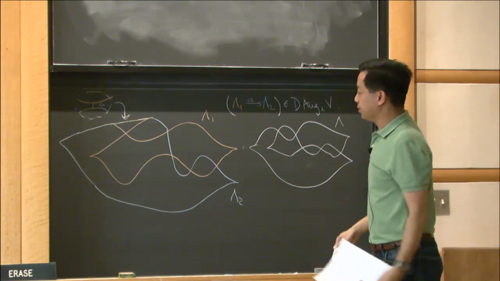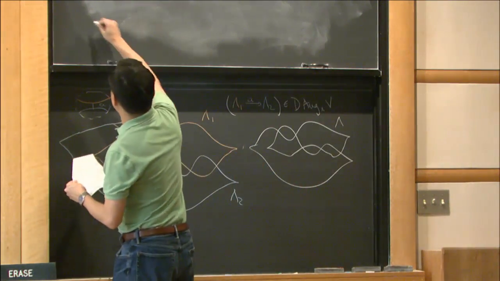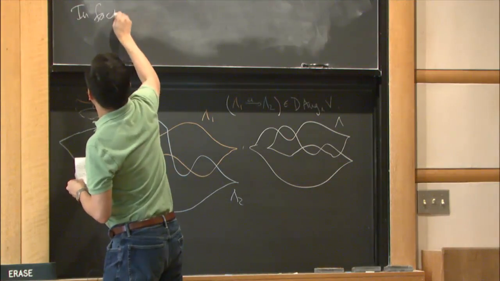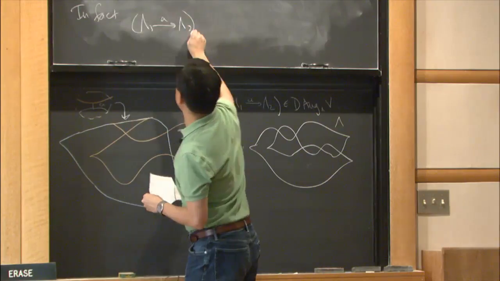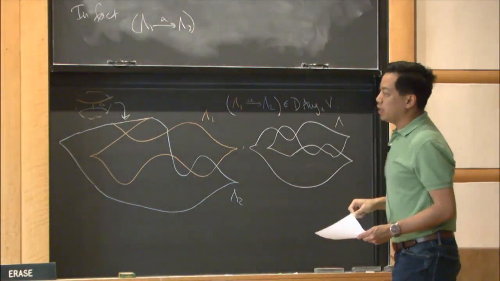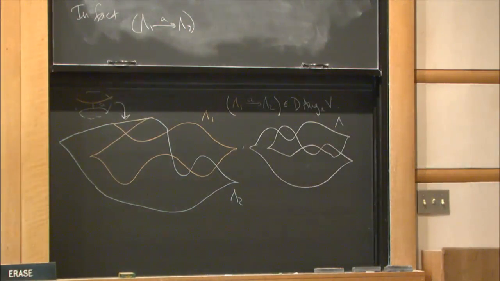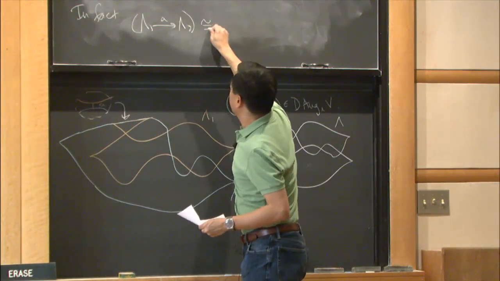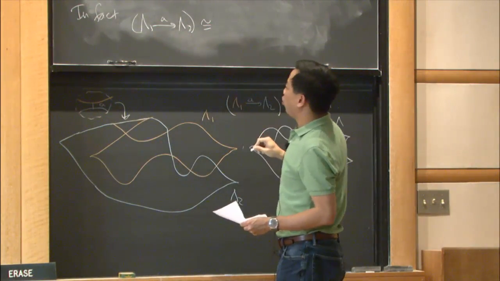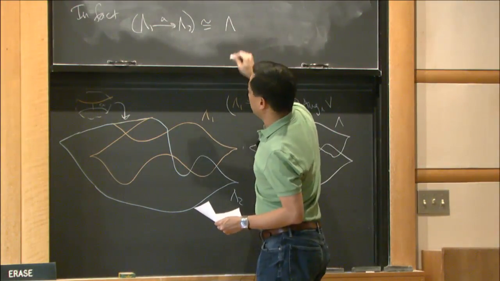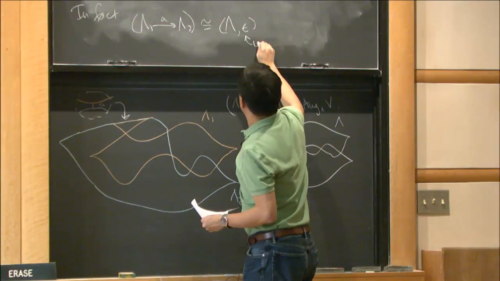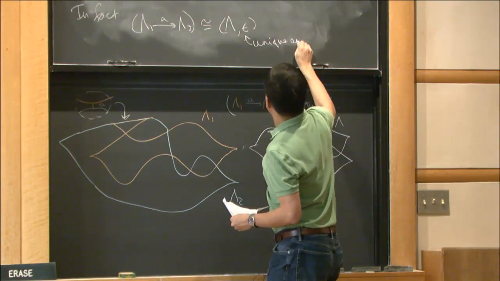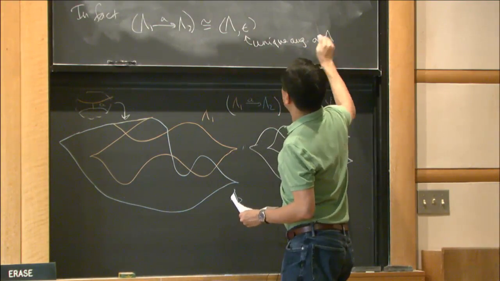So in fact, for this particular example that I have here, lambda 1, a, lambda 2, this particular twisted complex in this derived category is actually the same thing as a complex with just one thing in it, which is just lambda with its unique augmentation. It turns out that there's a unique augmentation on lambda.